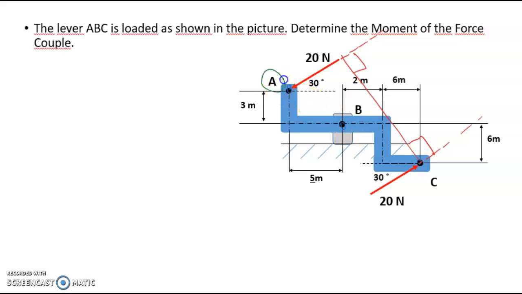That would be the distance between A and C. The distance between A and C is going to be this one right here. So this distance can compose the following right triangle.